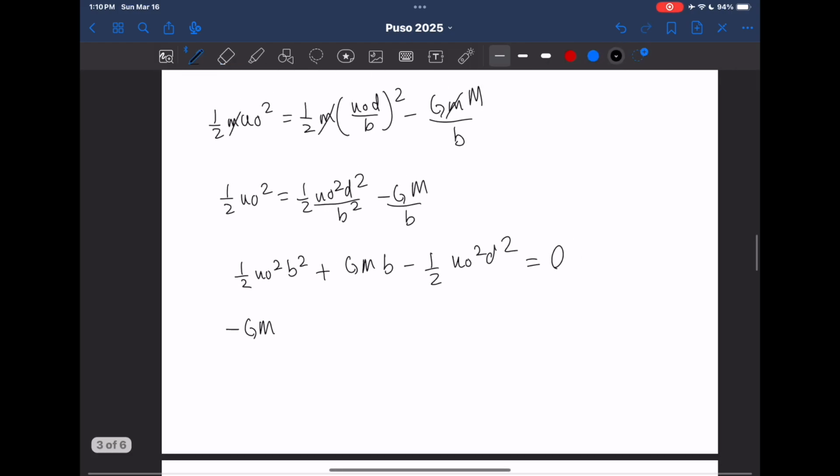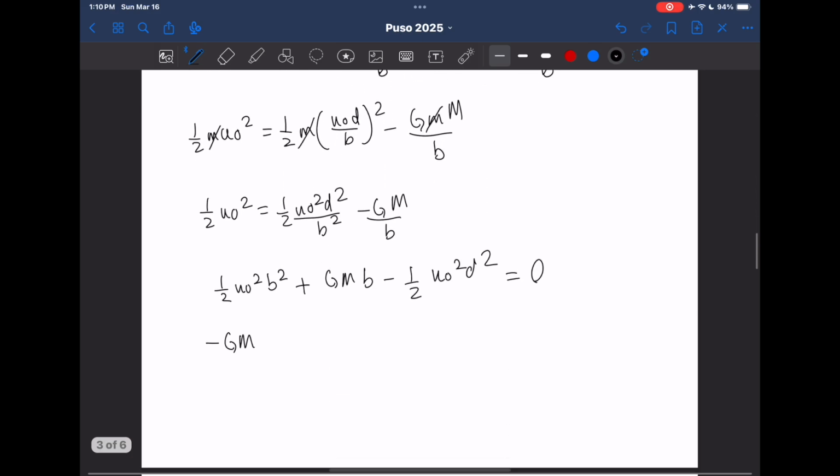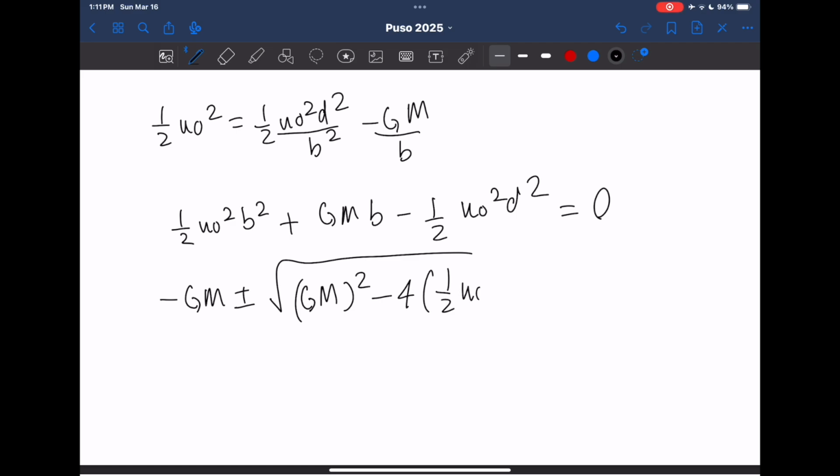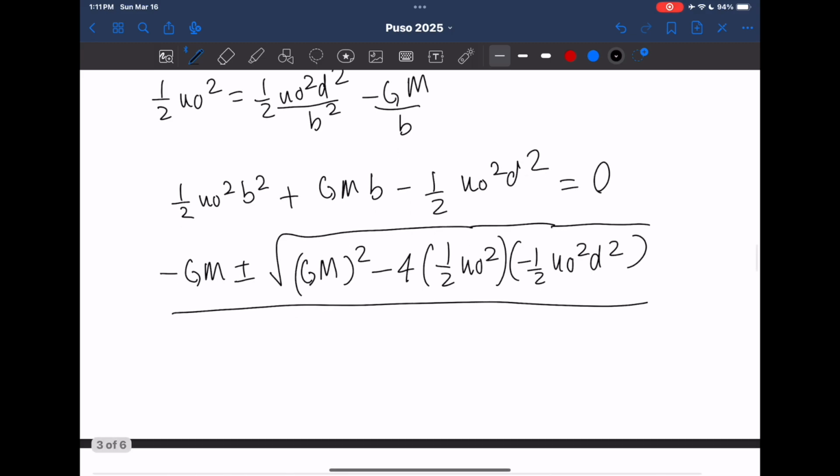Yeah, negative gm is fine. Negative gm plus or minus the square root, and this is gm squared right there. Gm squared minus 4 of a, which is 1/2 u naught squared, times c, which is also a negative 1/2 u naught squared d squared, all over 2a, which is going to be u naught squared.